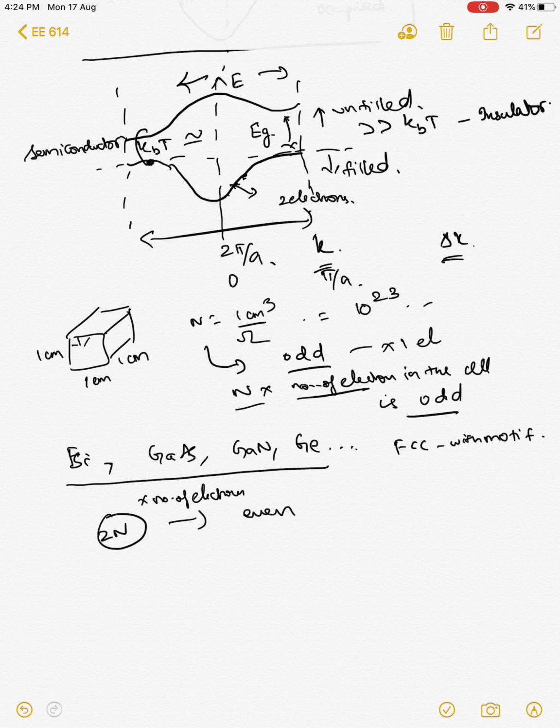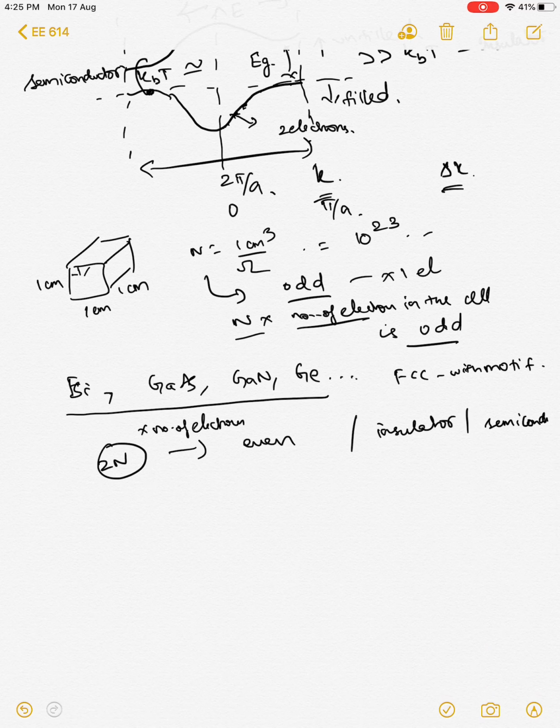Such situations can either be an insulator or a semiconductor, depending upon the conditions that we previously saw. So any structure which has an FCC with a motif, such as silicon, gallium arsenide, gallium nitride, germanium, zinc sulfide, a huge list of semiconductors, all are semiconductors because at 0 Kelvin their valence bands are completely filled.